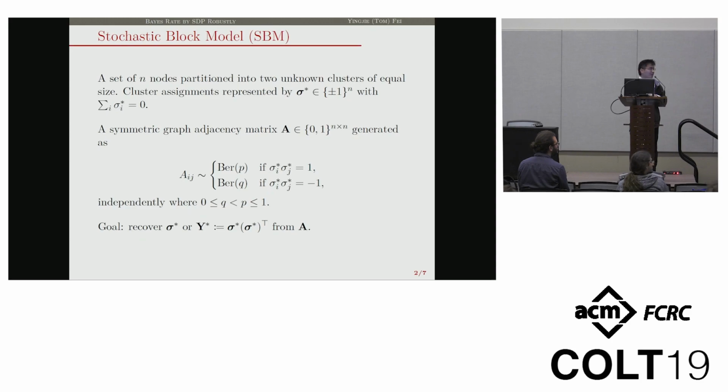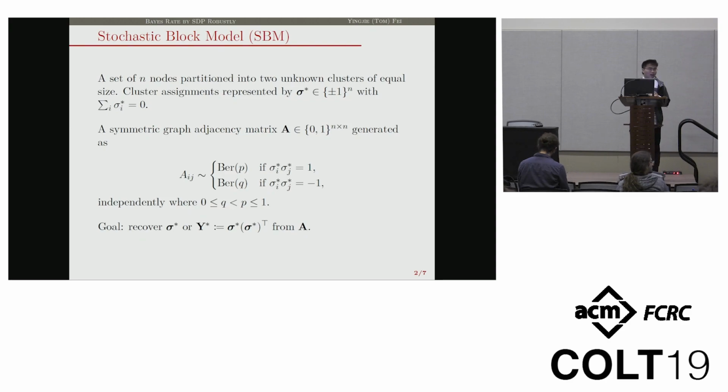For each A_ij, if sigma_i star times sigma_j star equals 1, meaning the two nodes are in the same cluster, then A_ij follows the Bernoulli P distribution. If sigma_i star times sigma_j star equals -1, meaning the two nodes are in different clusters, then A_ij follows the Bernoulli Q distribution, where Q is strictly less than P.